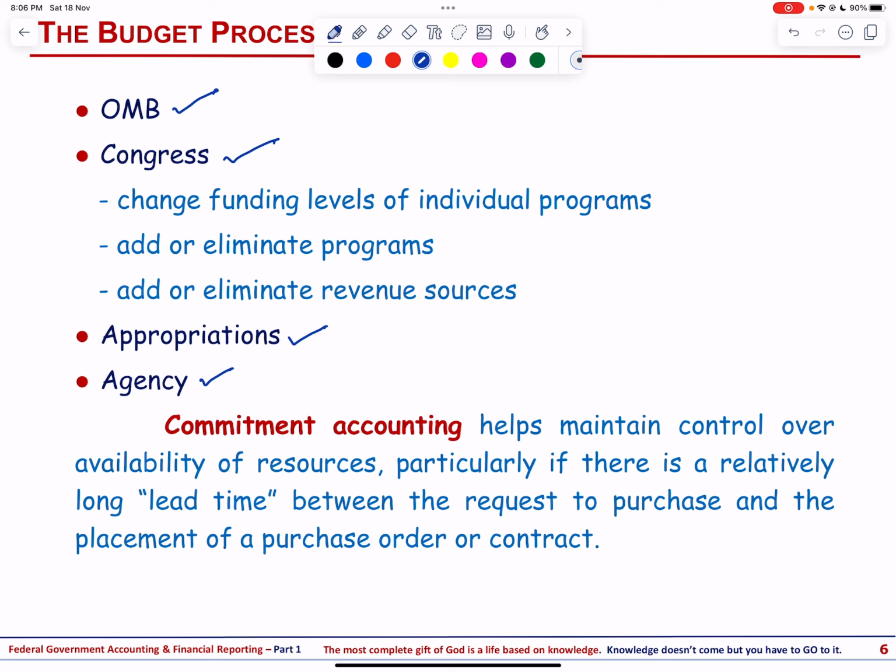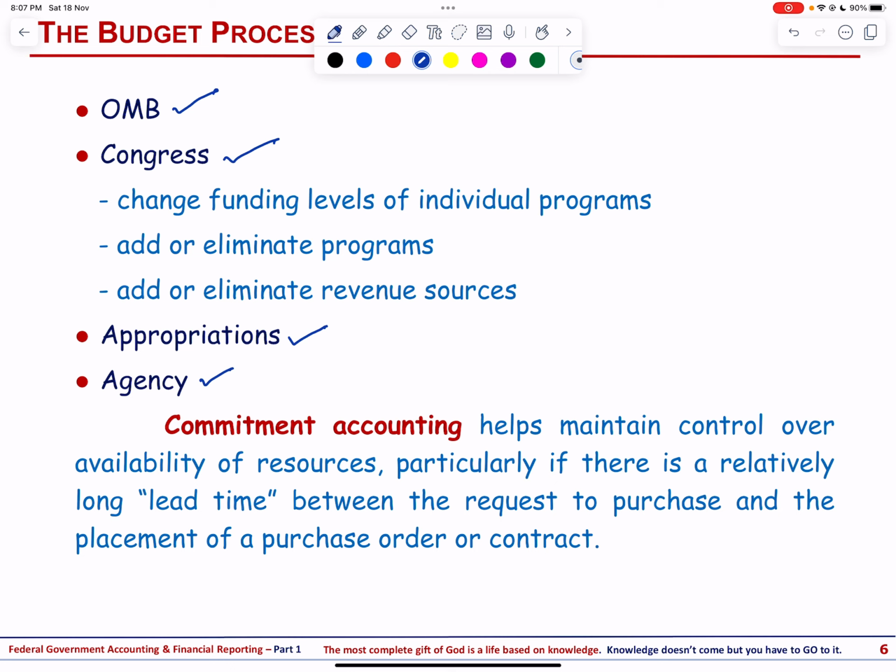This also helps the Treasury to manage cash and even to help the OMB monitor expenditure levels in relation to revenues. Now, the administering department can make an allotment of all or part of the apportionment to the agency.